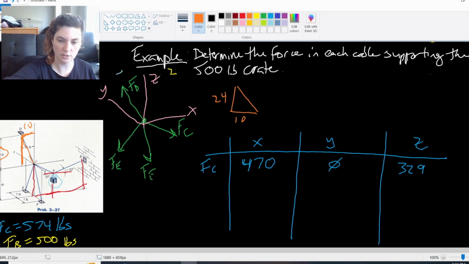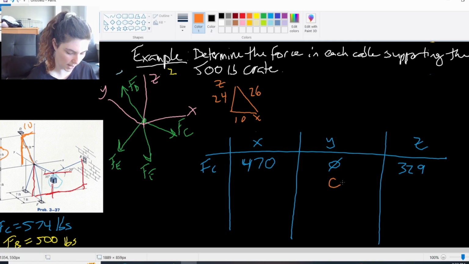So square root of 24 squared plus 10 squared gives me 26. Another very even special triangle, not one we come across a lot, though. So 10, 24, 26, which means that, remember, this is my x component and this is my z component. There is no y component here for FD.